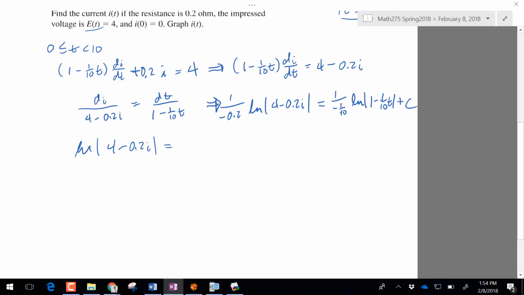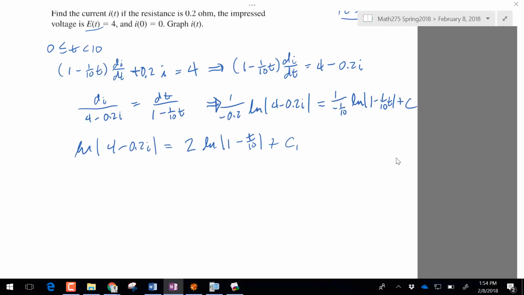So this will become positive, this will be 20, and then t over 10, just 2. And now the constant times 0.2 is going to be another constant, right? So I'm going to call it C sub 1.